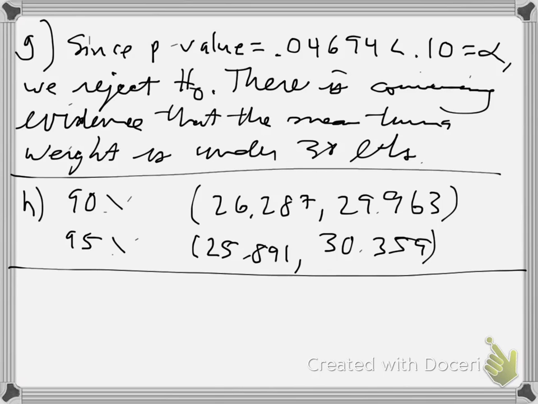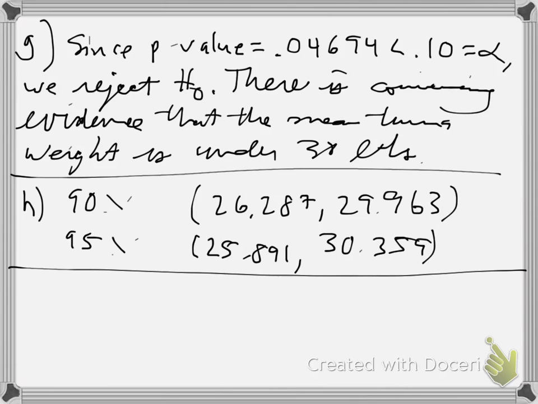So I kind of wanted you to look at this here, and in part I ask you, does your confidence interval support your conclusion? Explain. Well, if that value of 30, which I get from the null hypothesis, is in my confidence interval, then that's one of my reasonable estimates for the average weight of tuna fish.